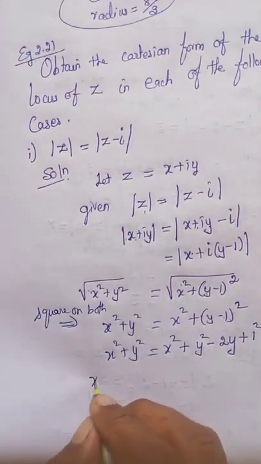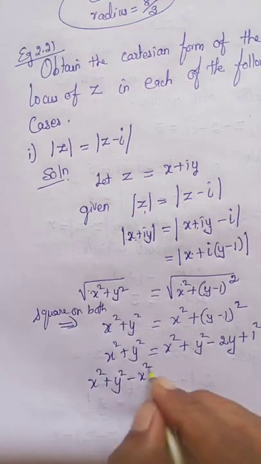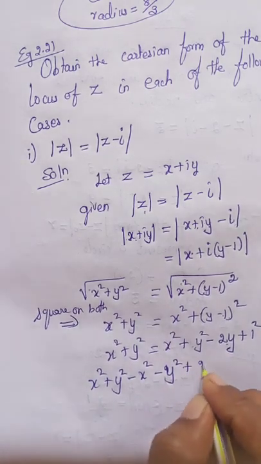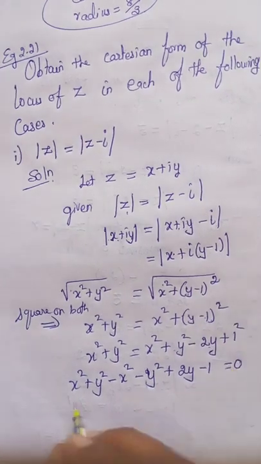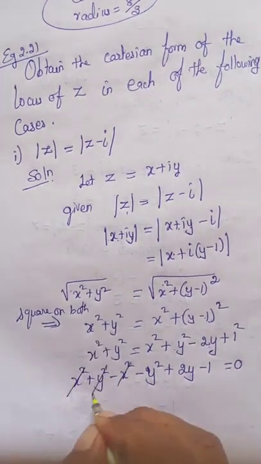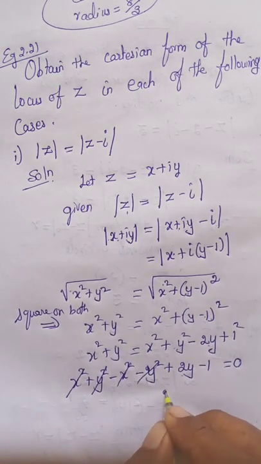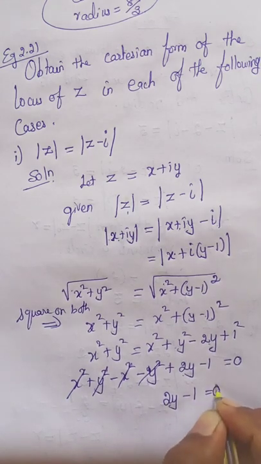Now, bring all the terms to the left hand side: x square plus y square minus x square minus y square, minus 2y, when it comes to the left side, plus 2y, minus 1 equal to 0. See, x square minus x square, y square minus y square will get cancelled. So, 2y minus 1 equal to 0.